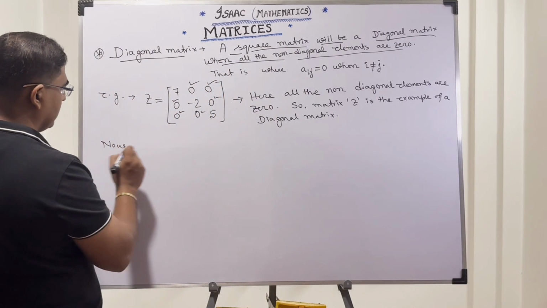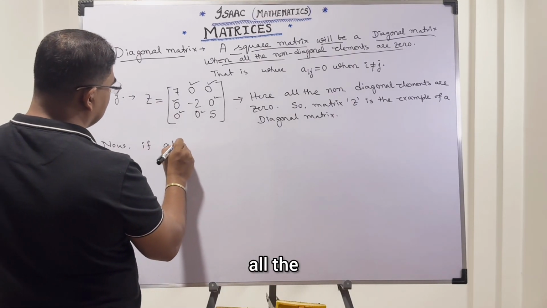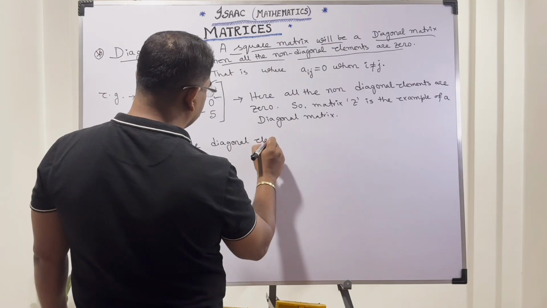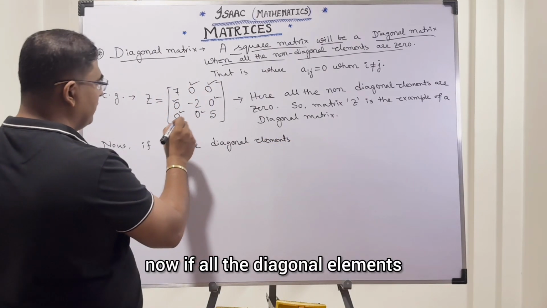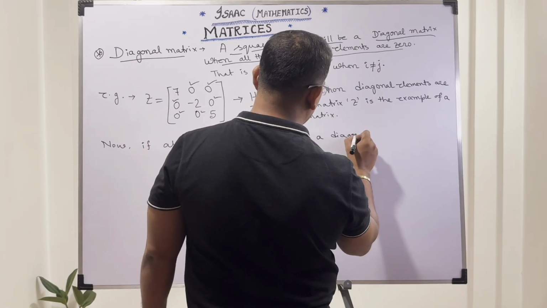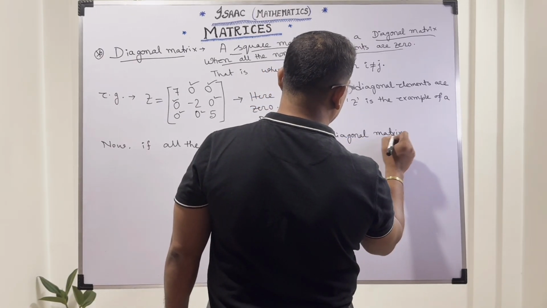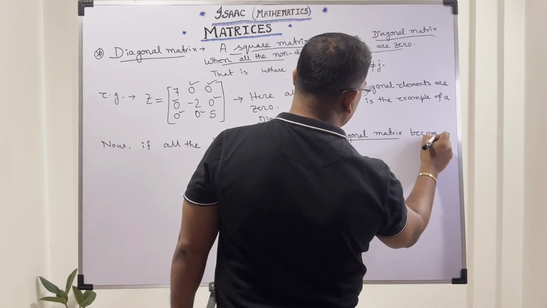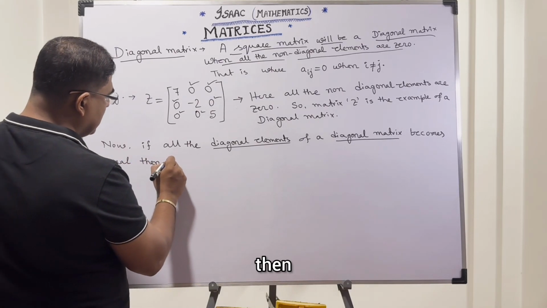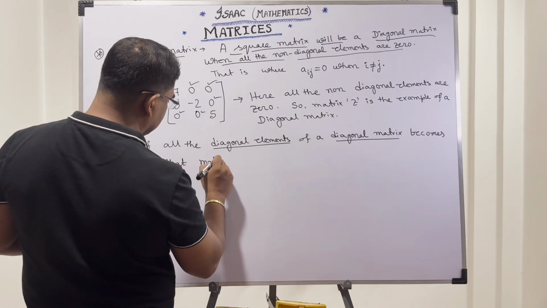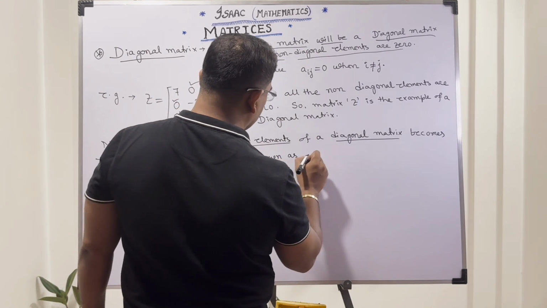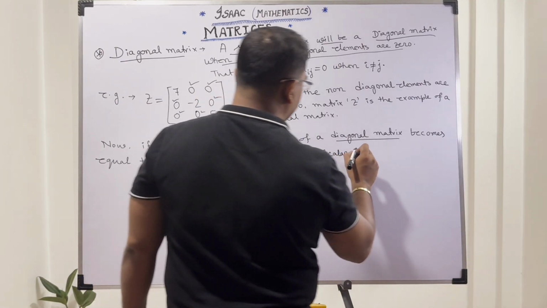Now, if all the diagonal elements of a diagonal matrix become equal, then that matrix is known as a scalar matrix.